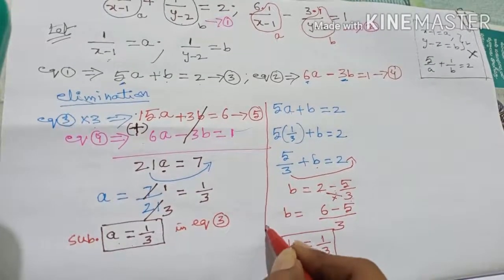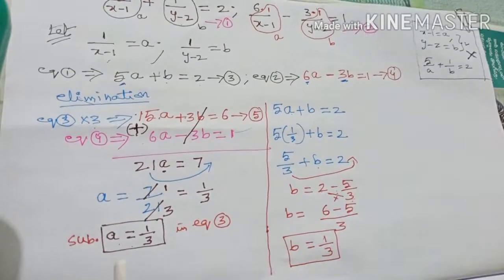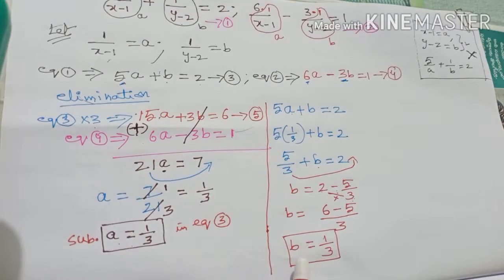But here, unfortunately, both values of a and b are equal. In all problems you cannot get it like this. In other problems, the value of a and the value of b may differ. Okay, it happened unfortunately, isn't it? But our aim is not finding a and b. Why?